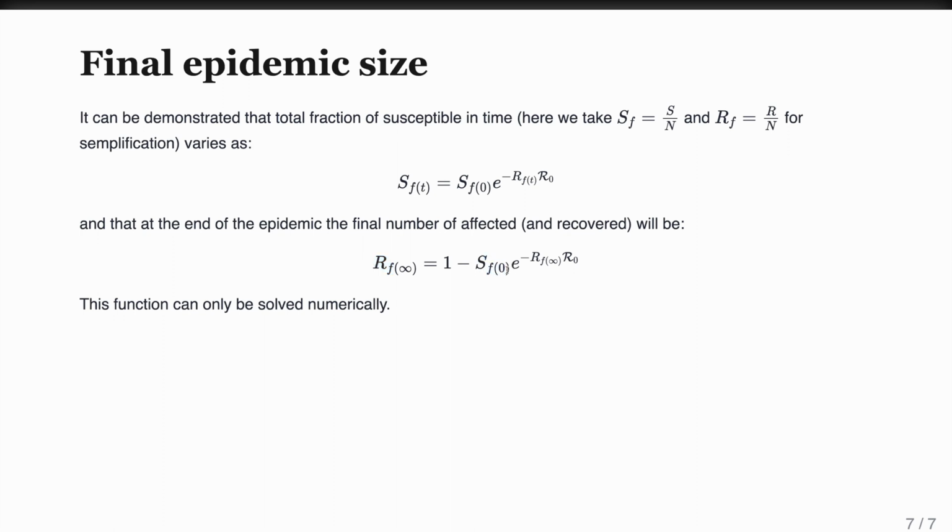Here, the beginning is marked as 0, while the end is marked as infinity, and to the reproductive number of the pathogen. This is called a transcendental equation. It's quite hard to solve, and that's why I won't go into the details of how to solve this equation.